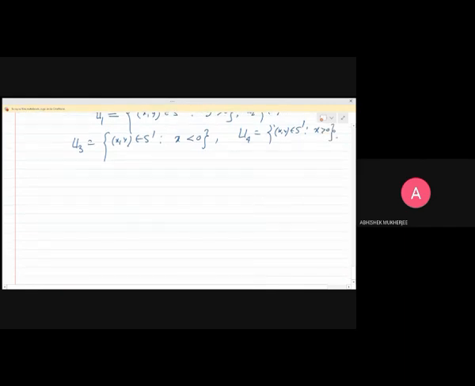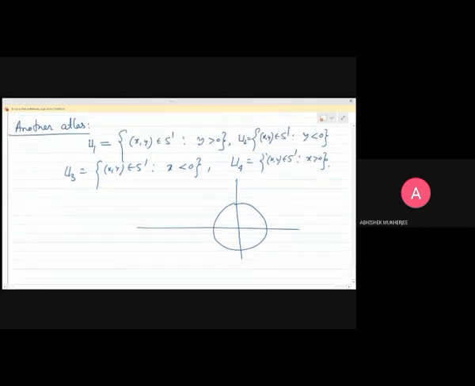So if you draw the circle, what does it mean? What is U1?